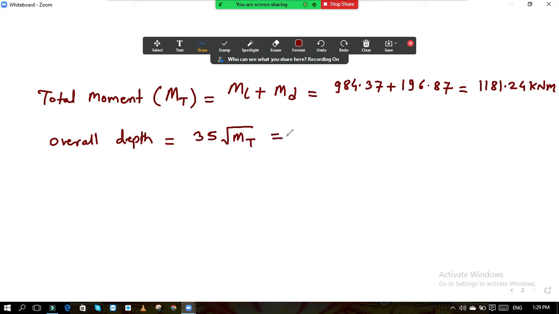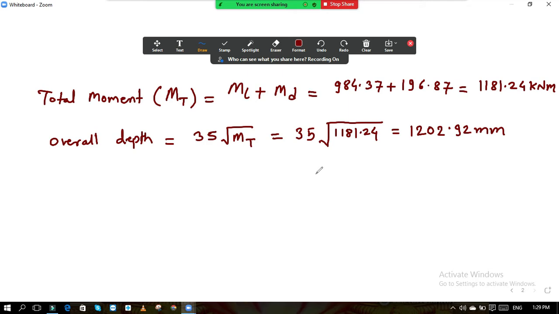We should take this value in kilonewton meter, and we will get the depth in mm. So this is somewhat the formula. It is near about 1202.92 mm.